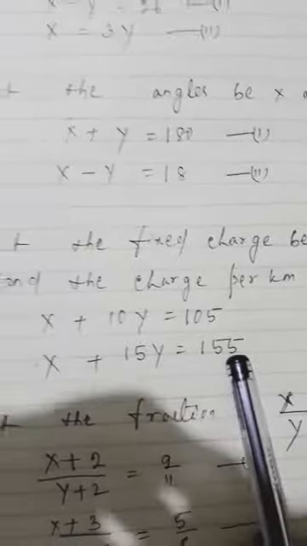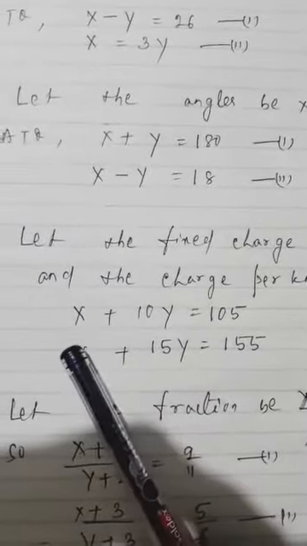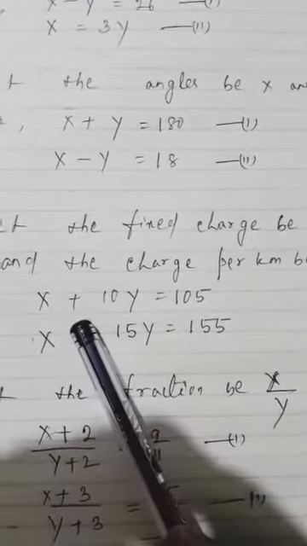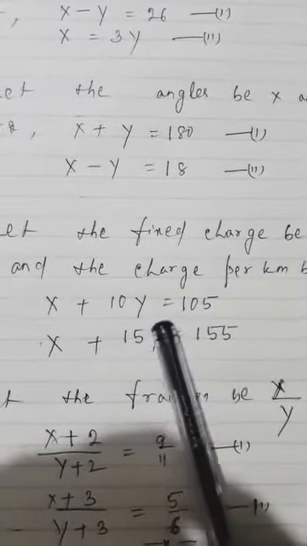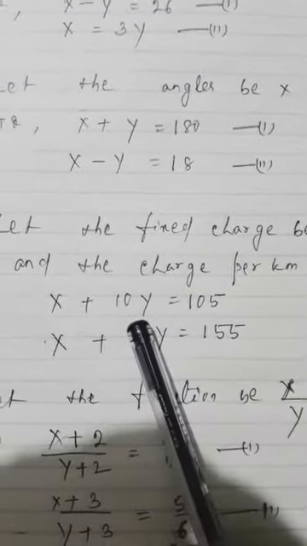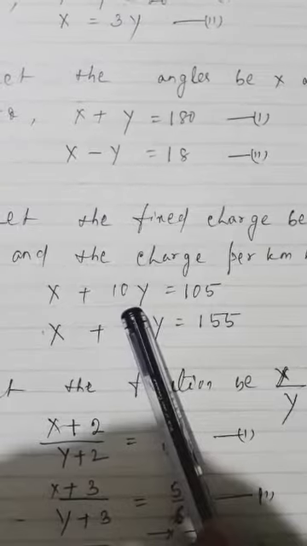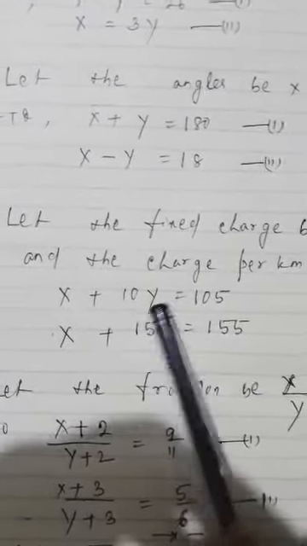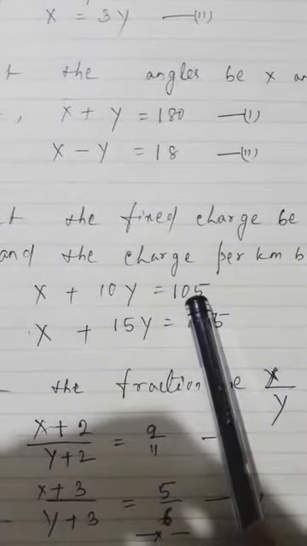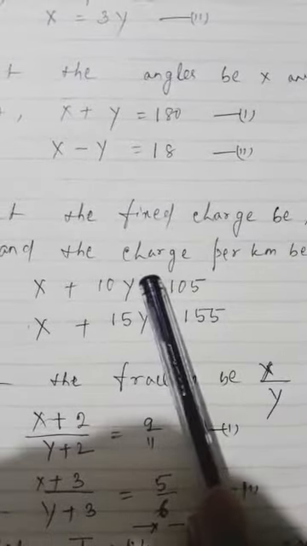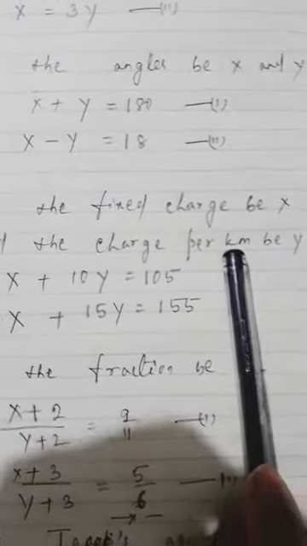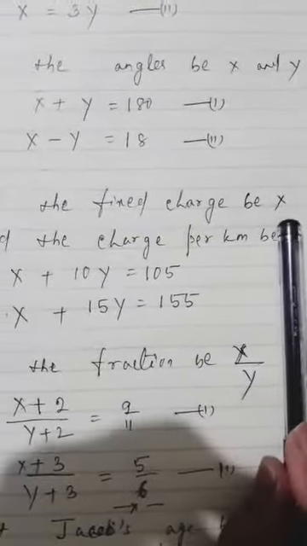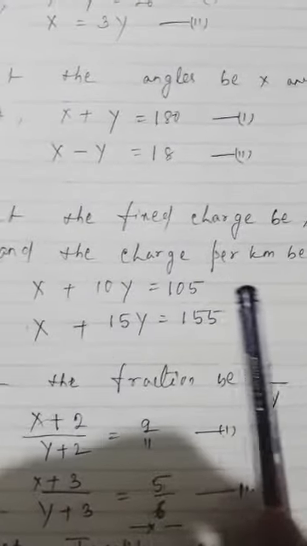For the first kilometer the charge is fixed. And in addition to that another charge is there which is charged per kilometer. So two types of charges, one is the fixed charge, the other is the charge per kilometer. So let the fixed charge be x and the charge per kilometer be y.